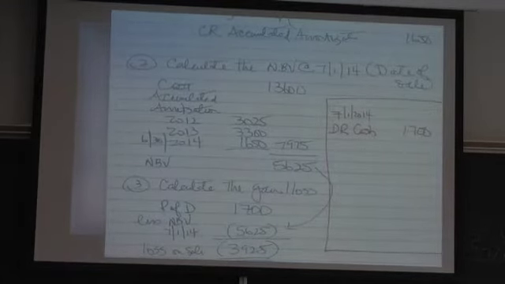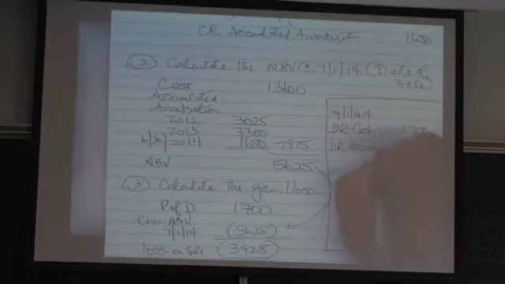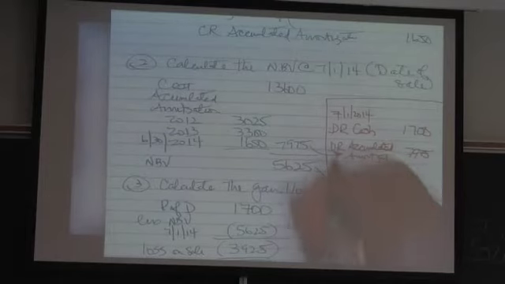We're going to take the cost and the related accumulative amortization, okay, off the books, so to speak. So we're going to debit accumulated amortization of $7,975, which is this number here.